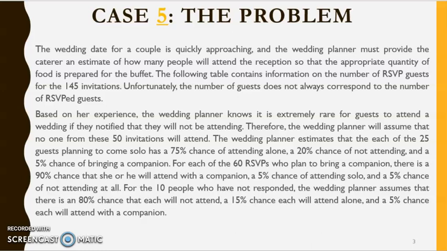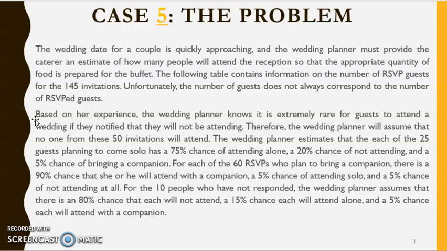Okay, so in the second paragraph, if we start reading it here, based on her experience, the wedding planner knows it is extremely rare for guests to attend a wedding if they notify that they will not be attending. So it is talking about 0 RSVP guests. It says that there is certainty over there, and it is about our case.